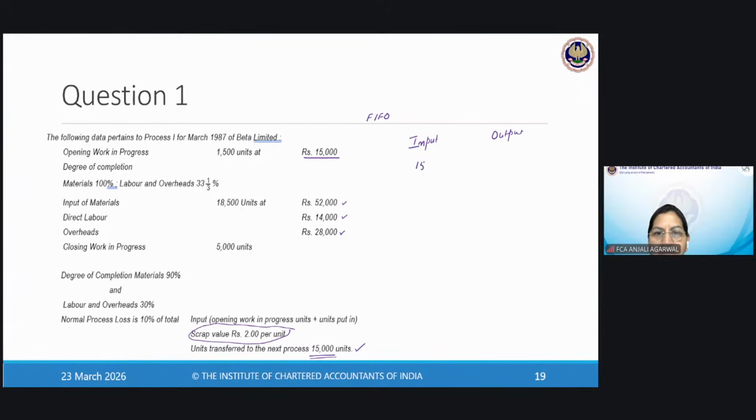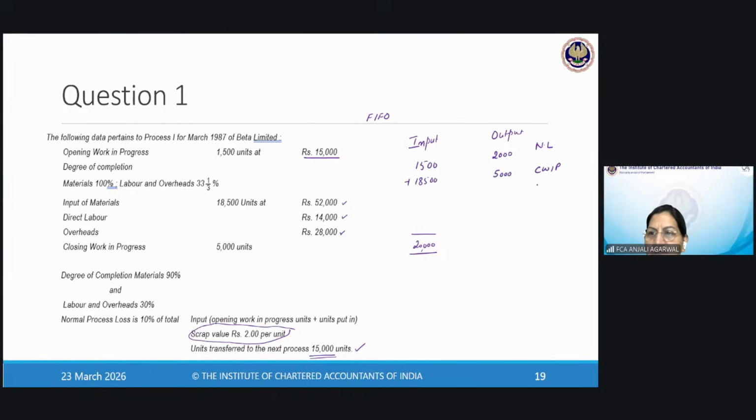Input was 1,500 plus 18,500. So the total is 20,000. What happens to this 20,000? There is a normal loss, 10% of total input, which is 2,000. There is a closing WIP, 5,000.